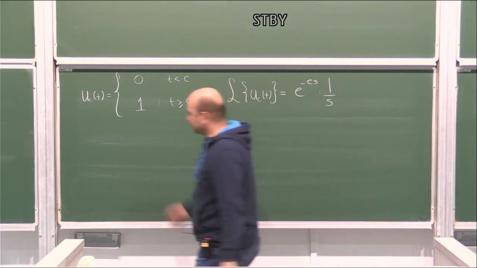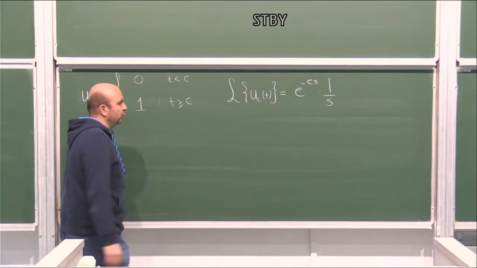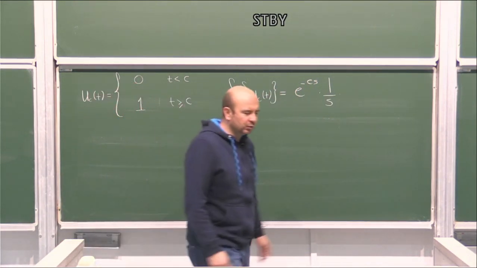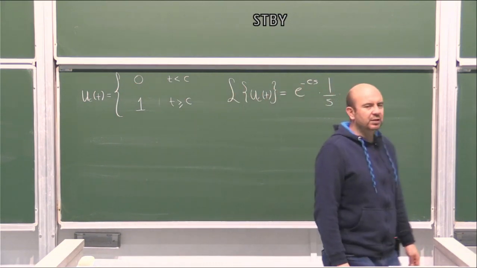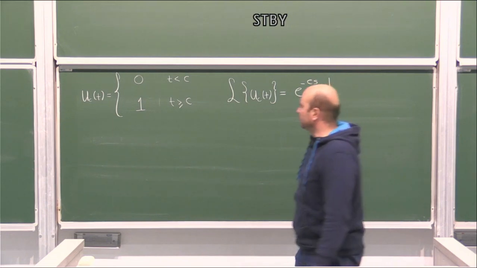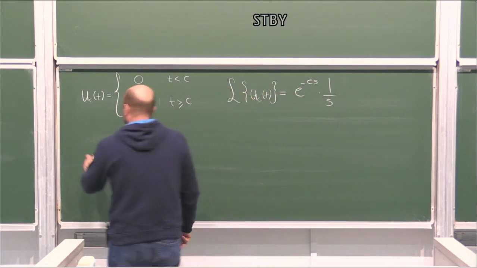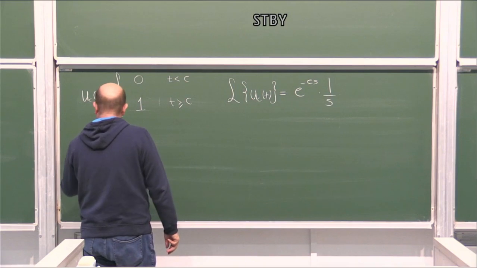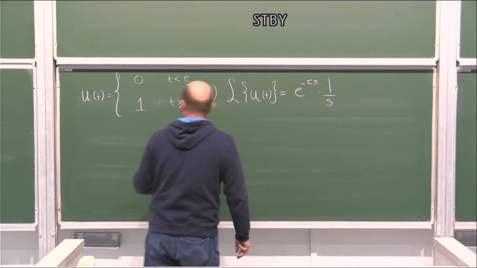Furthermore, by using this, we were able to write discontinuous functions in terms of unit step functions, and we were able to compute their Laplace transform. But for this, we did the following formulation. This is the first thing we did.